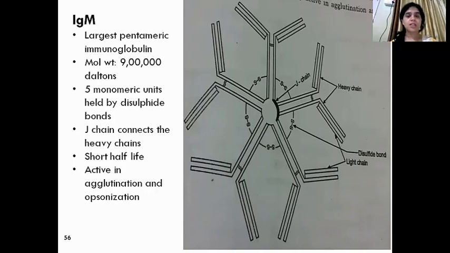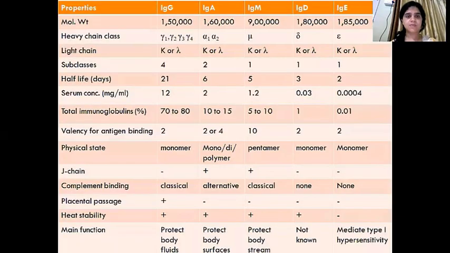Here you can see it is a pentamer: 5 immunoglobulin molecules joined together with the help of disulfide linkages. And here you can see the J chain is also present. It has a short half-life and undergoes agglutination and opsonization reactions.